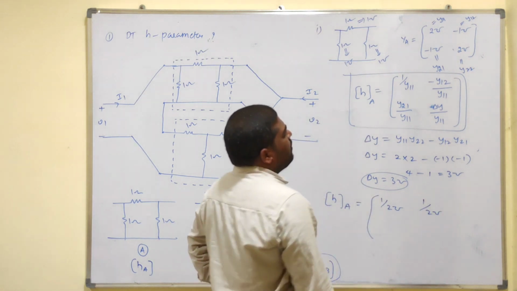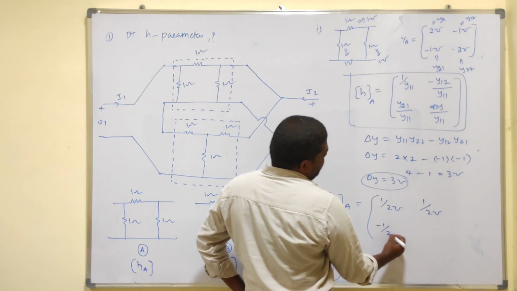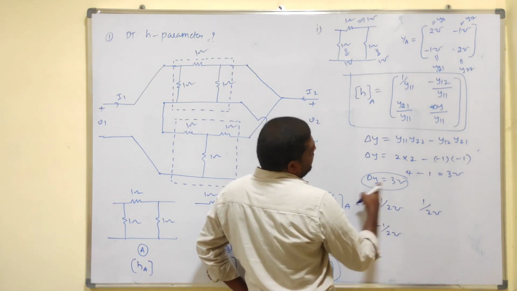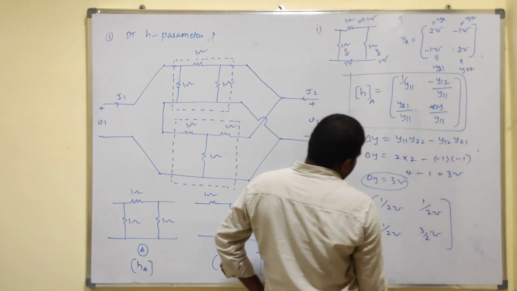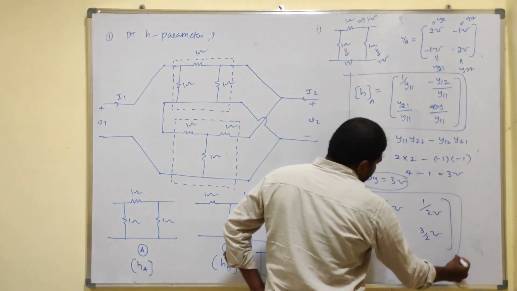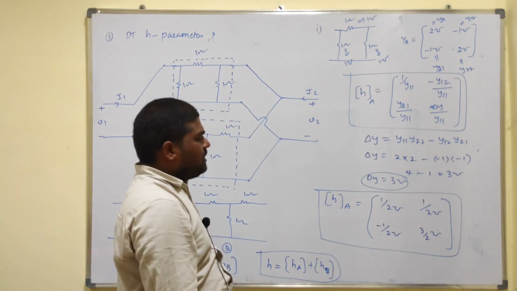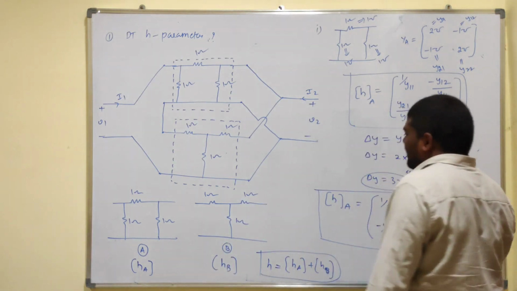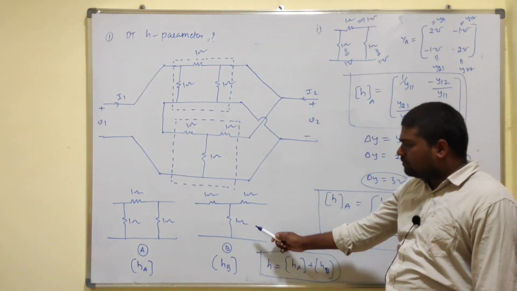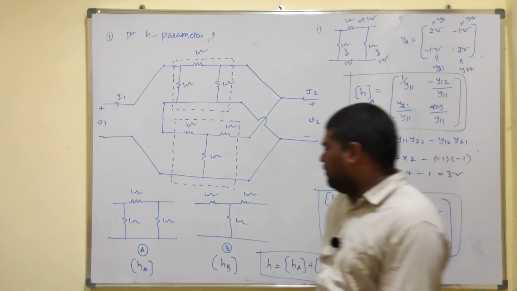Next, y21 by y11 equals minus 1 by 2 mho. Here delta y equals 3 mho, so 3 by 2 mho. This is your H matrix, right? So this is the H matrix for the A network. Okay. In a similar way you can find out the H parameters for this B network.